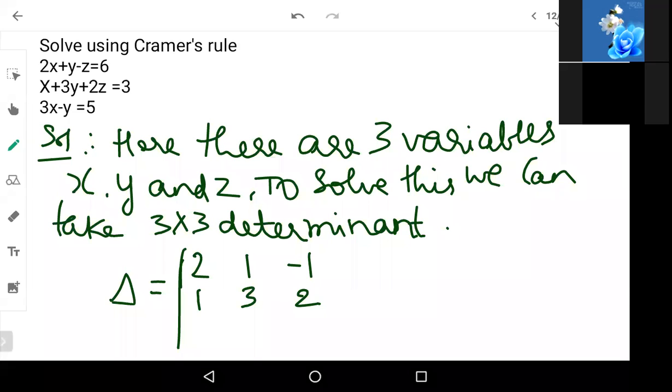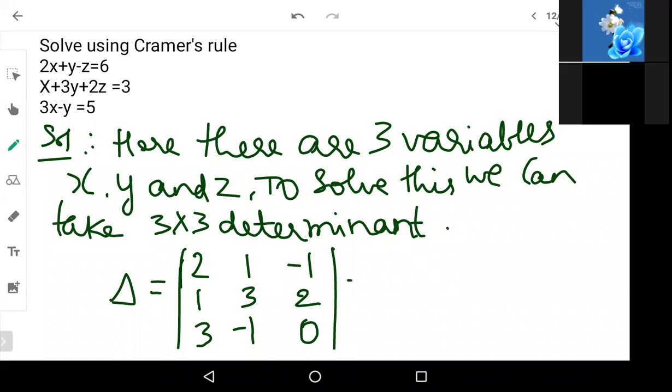First is 3 and then it is minus 1. Be careful, it should be minus 1. Take the sign along with that. Okay, very good, Imran. We do not have z, so the value of z will be 0. So 3, minus 1, and 0. This is the determinant for the delta.